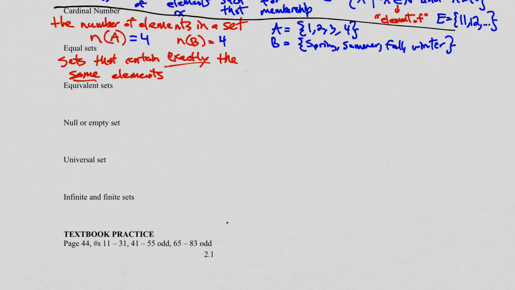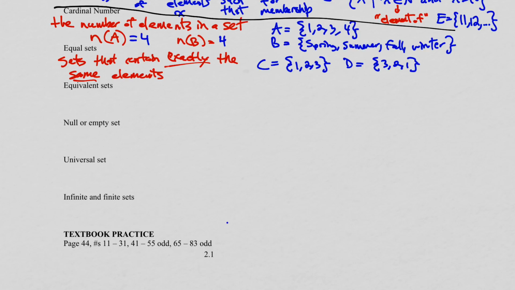So in this example, let's say set C is 1, 2, 3, and D is 3, 2, 1. Well, it looks different, but they have the same elements, 1, 2, 3.